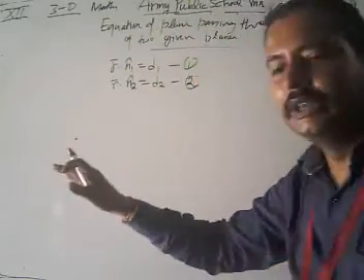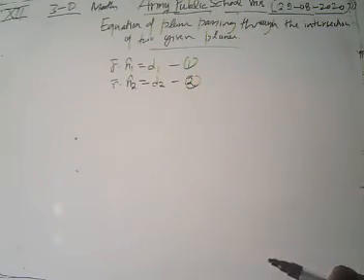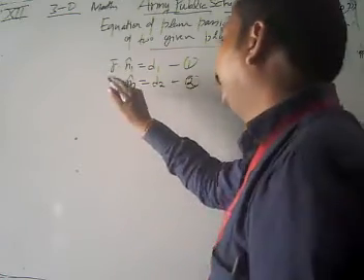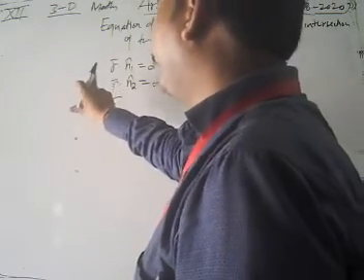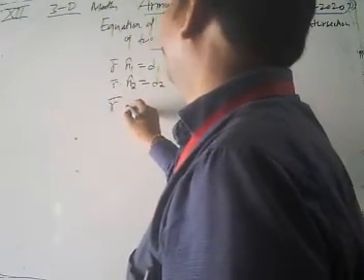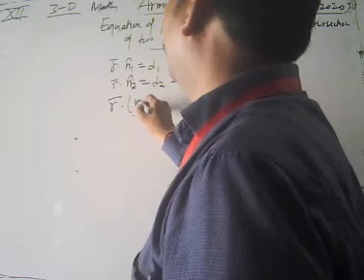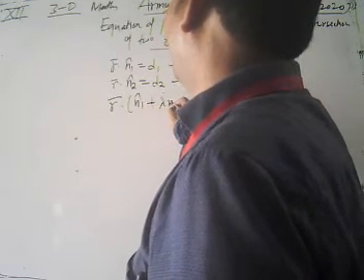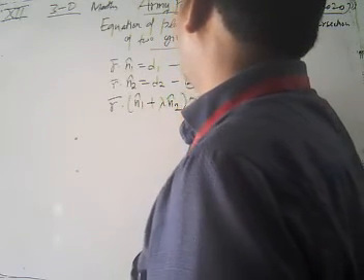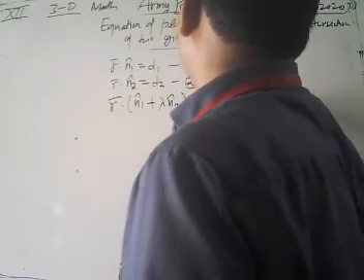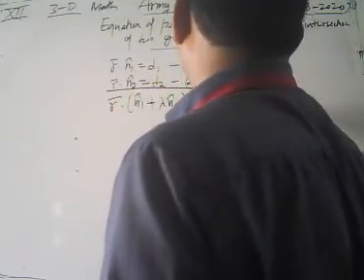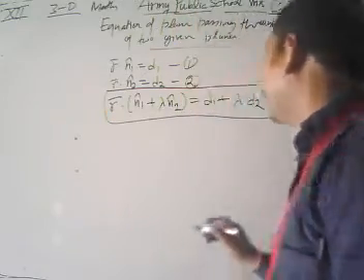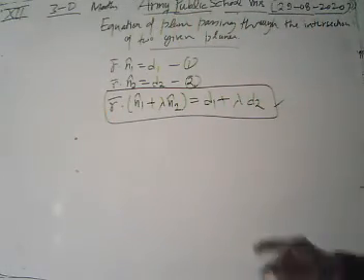Then our equation of plane in vector form is r dot (n1 cap plus lambda n2 cap) equal to d1 plus lambda d2. This is our equation of plane in vector form.